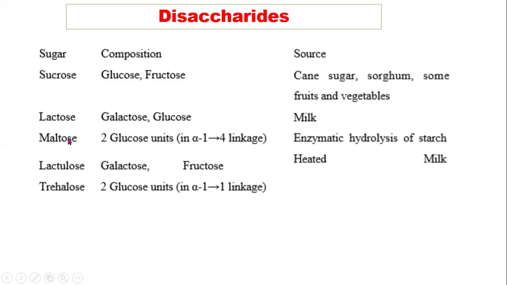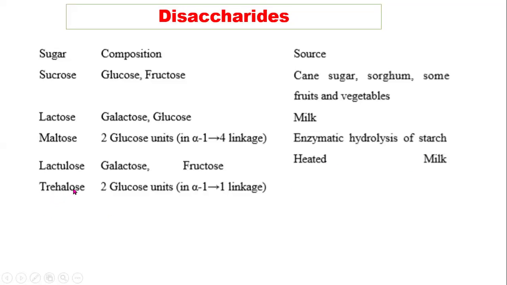What about maltose? It is two glucose units linked in alpha 1,4 linkage. Where can we find it? It is found from the enzymatic hydrolysis of starch. What about lactulose? It's composed of what? Galactose and fructose. It is found when milk is heated.